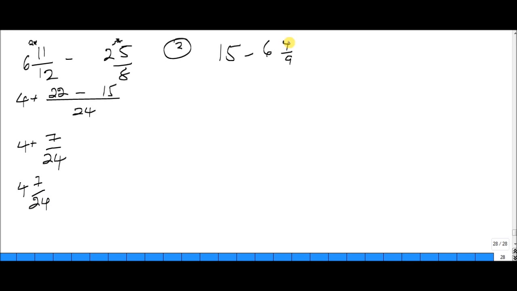Number 2, we have 15 minus 6 and 4 ninths. Change our 15 now to 14 and 9 over 9 minus 6 and 4 ninths.